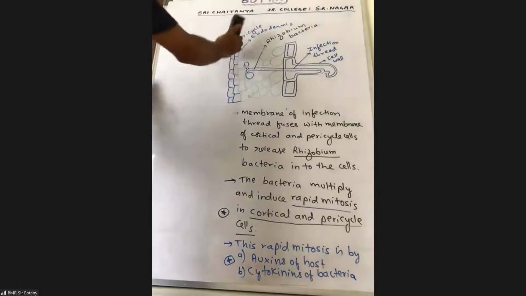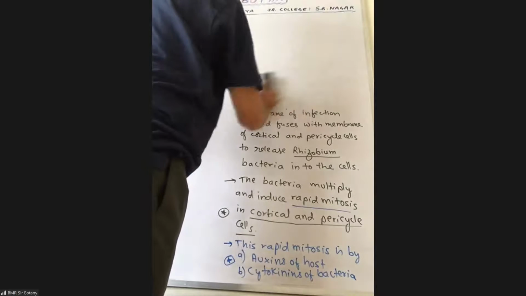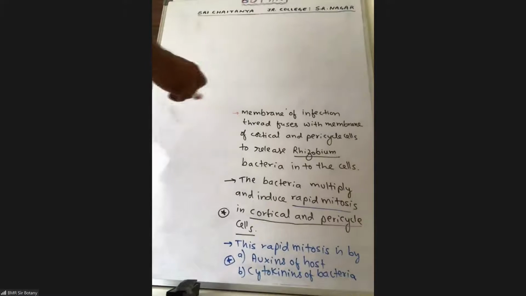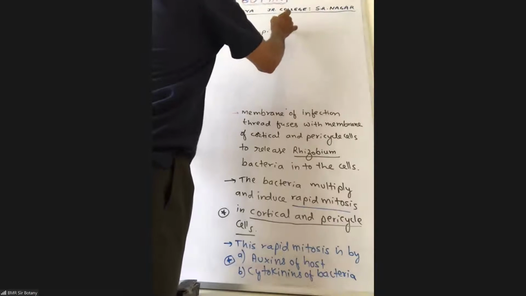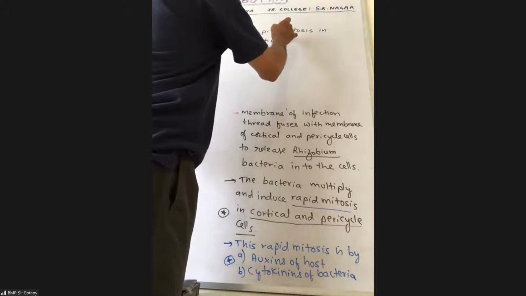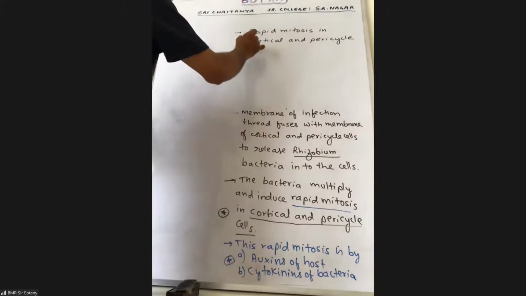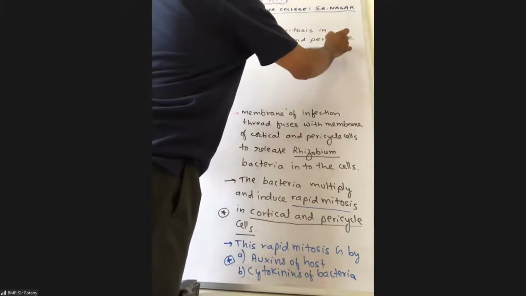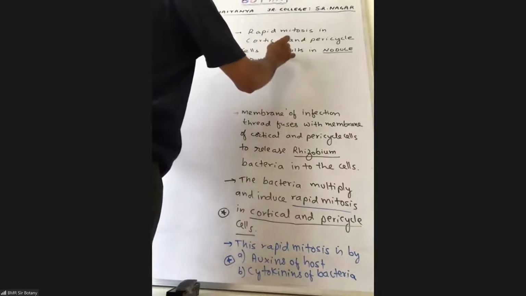Yes, sir. Okay. So rapid mitosis in the cortical and pericycle cells results in nodule formation, nothing but the so-called root nodule.